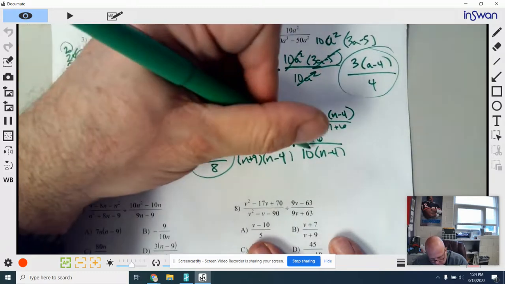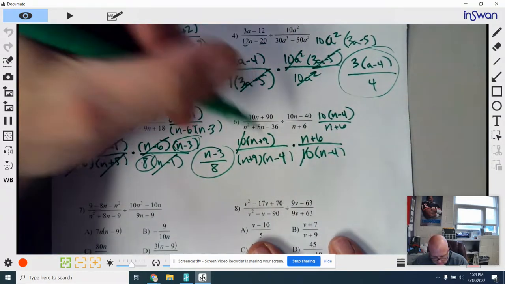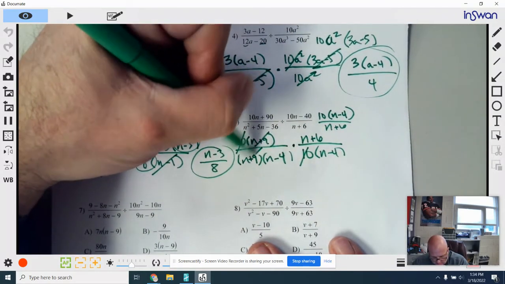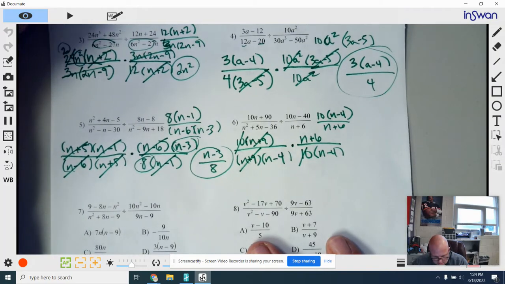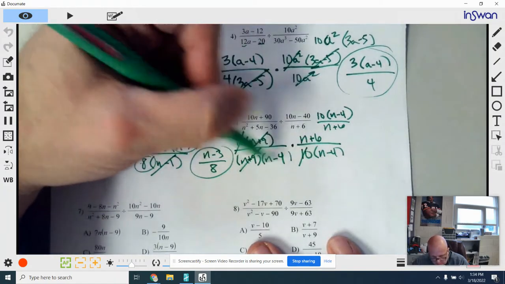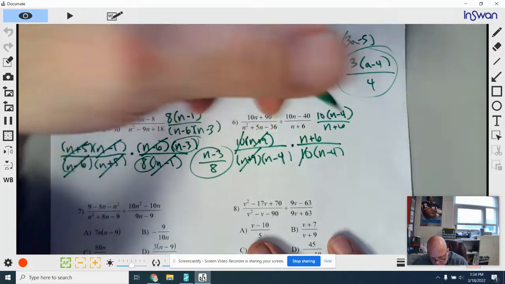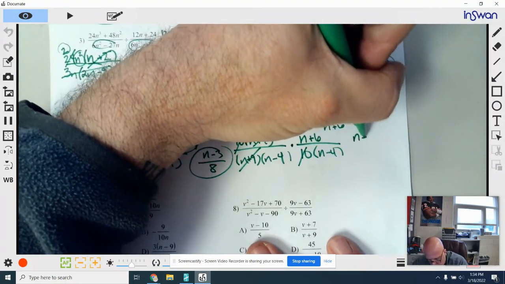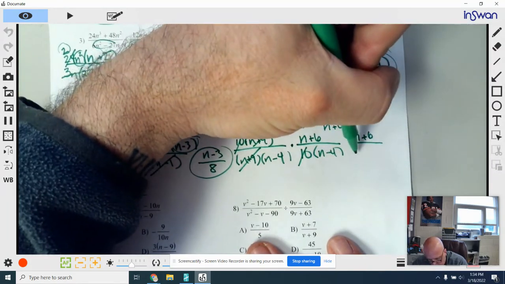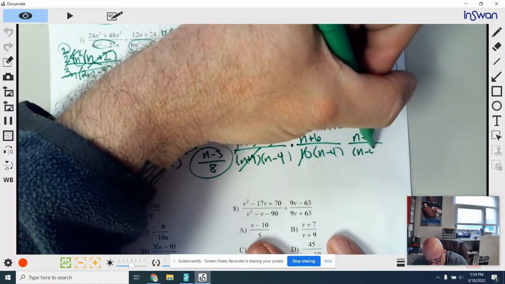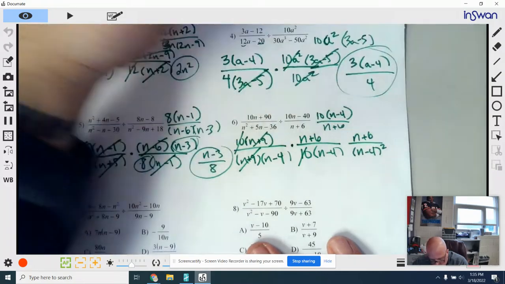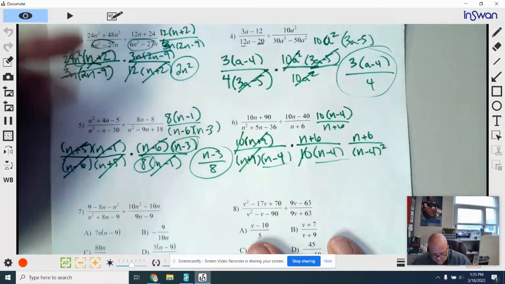So 10s cancel. My n plus 9 cancels. And then that's it. These are on the same side, so you can't cancel those out there. So we have n plus 6 over n minus 4 quantity squared because there's 2 of them.